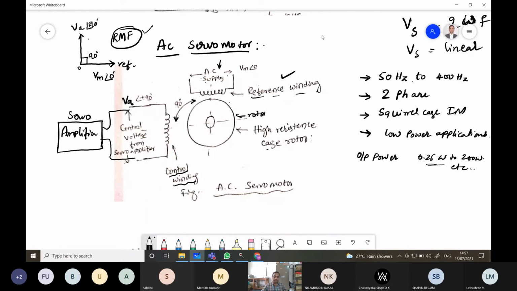To reduce the loading on the amplifier: some load is applied on the amplifier because of the continuous controlling action. So we can put a parallel capacitor across this. The tuning capacitor is a variable capacitor.